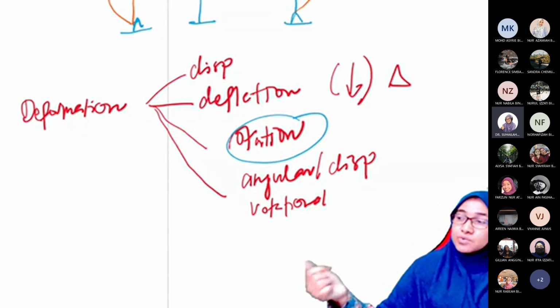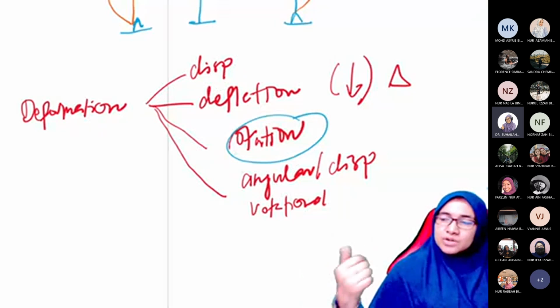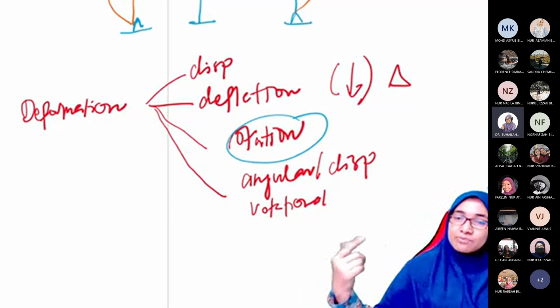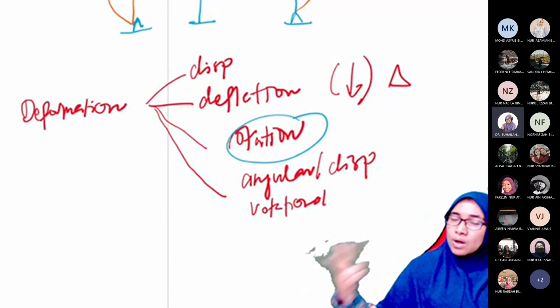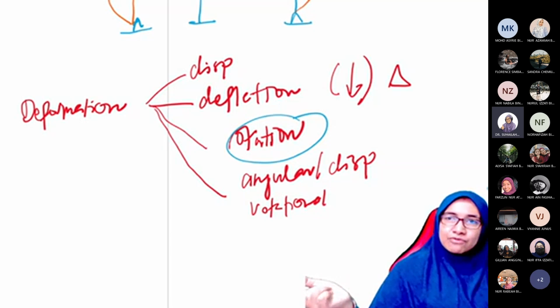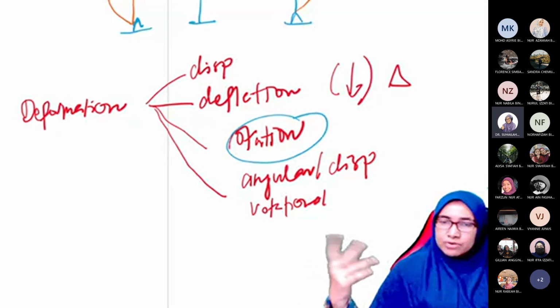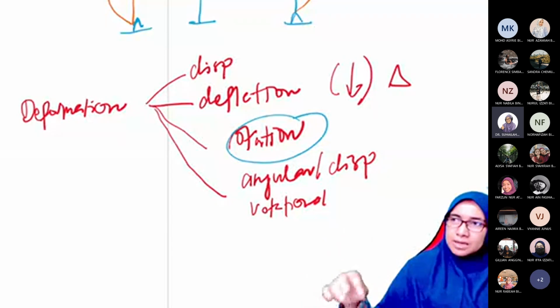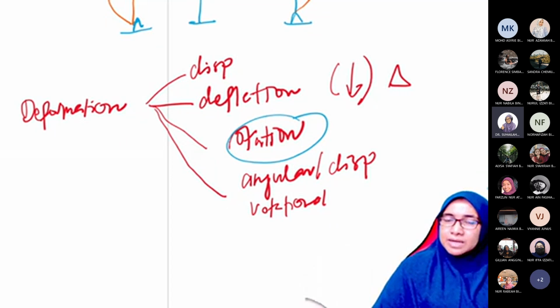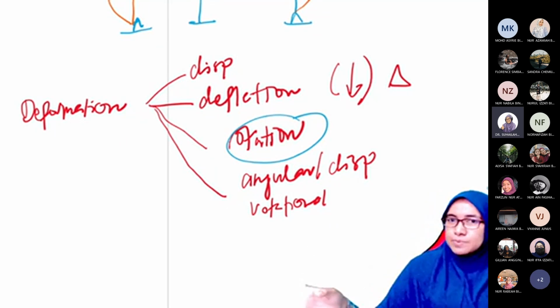Because we have shear force, we have axial force, and we have moment. And all the displacement come from moment induced rotation. Shear force induced deflection. Okay, deflection or vertical displacement.